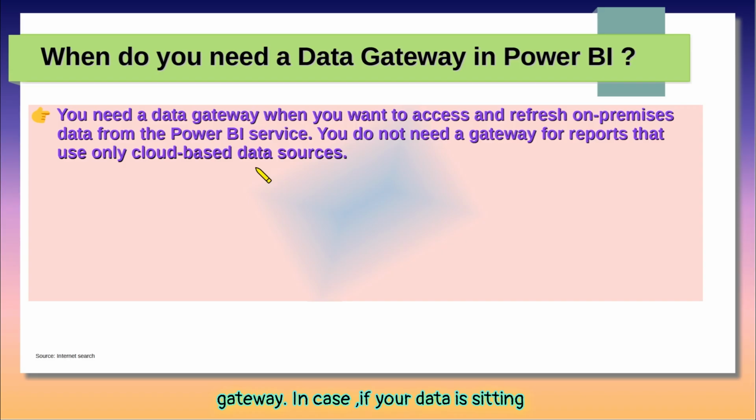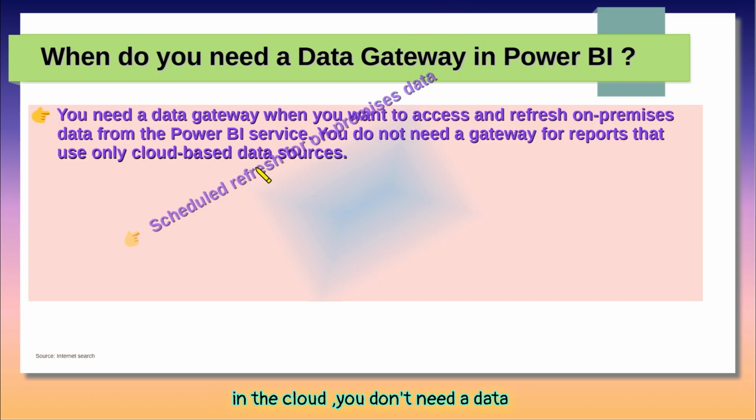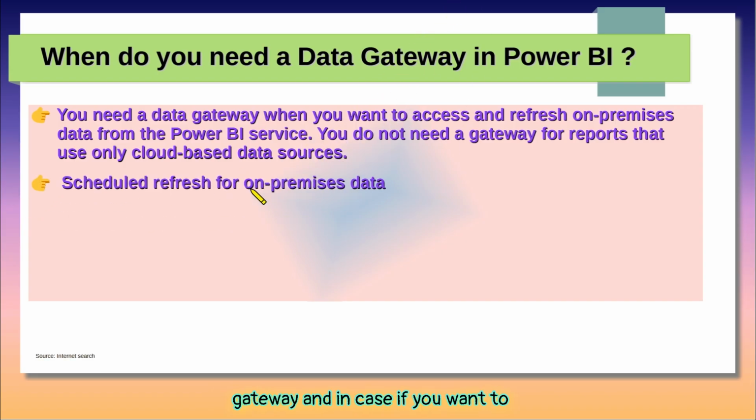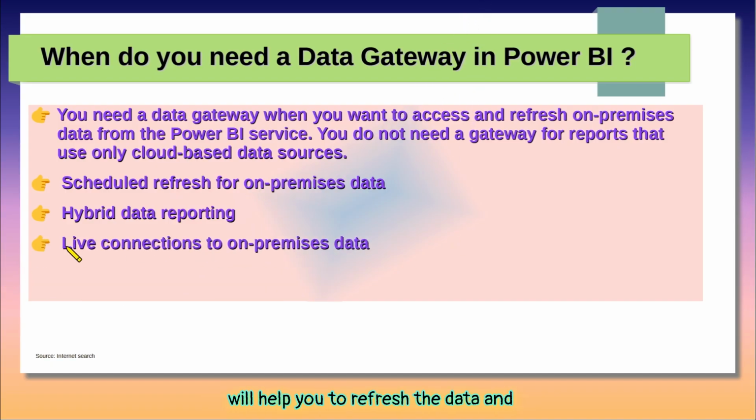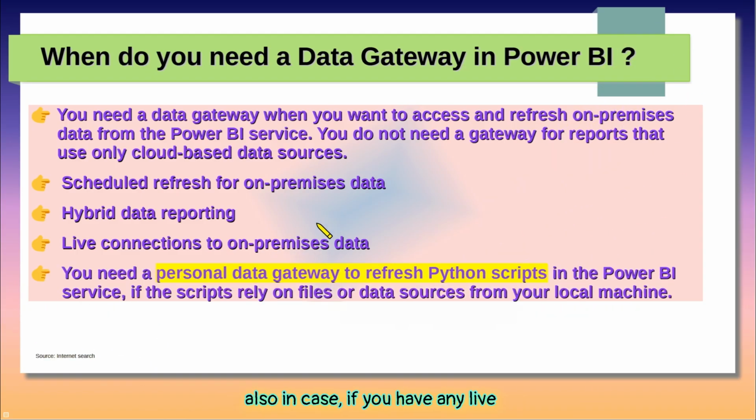In case your data is sitting in the cloud, you don't need a data gateway. And if you want to schedule refresh for on-premises data, then you need a data gateway. For example, hybrid data reporting, where some data is in the cloud and some data is on-premises, you need a data gateway which will help you to refresh the data. And also if you have any live connections to on-premises data.